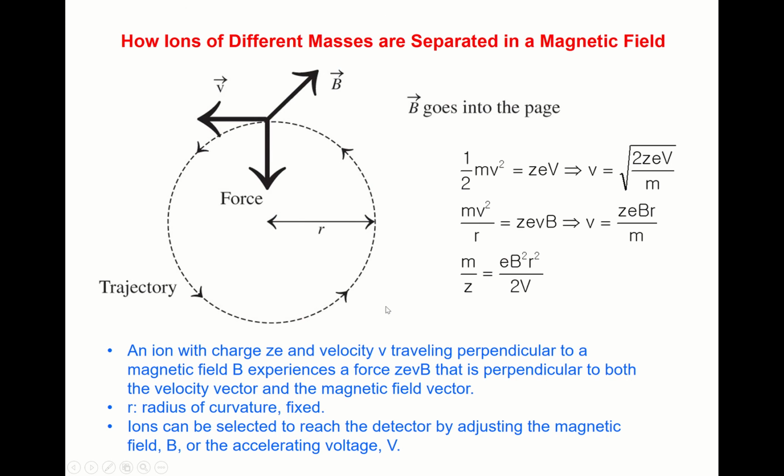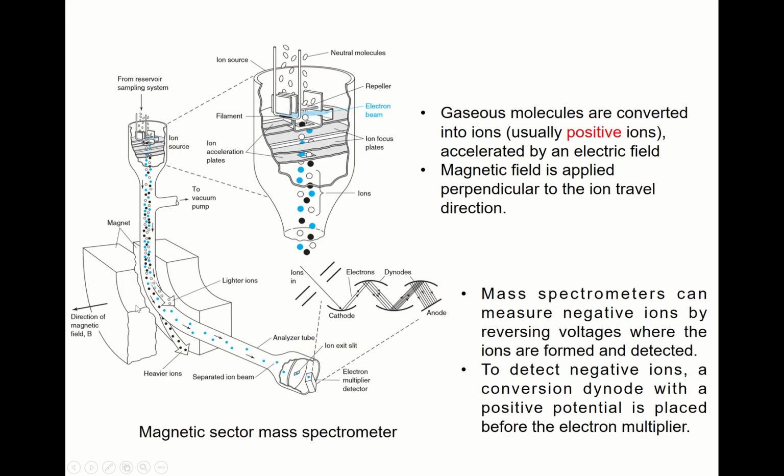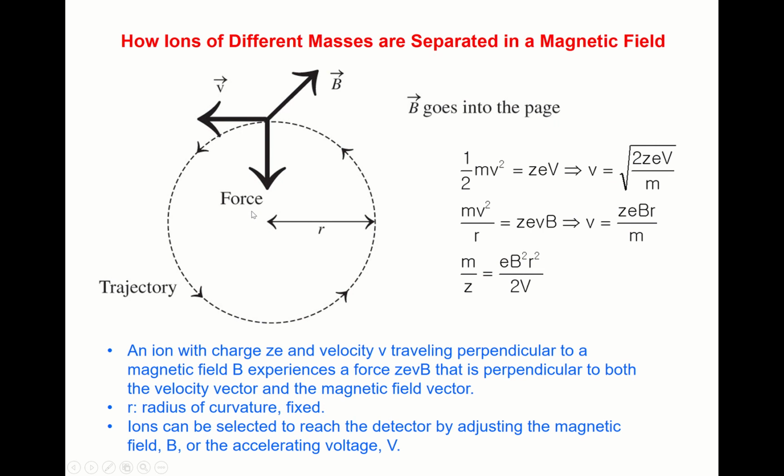Then we saw the magnet-based mass spectrometer. Let's consider the principle of how ions of different masses are separated in a magnetic field. When ions or any charged particles enter the magnetic field, because of the magnetic force, that charged species makes a circular motion inside the magnetic field.